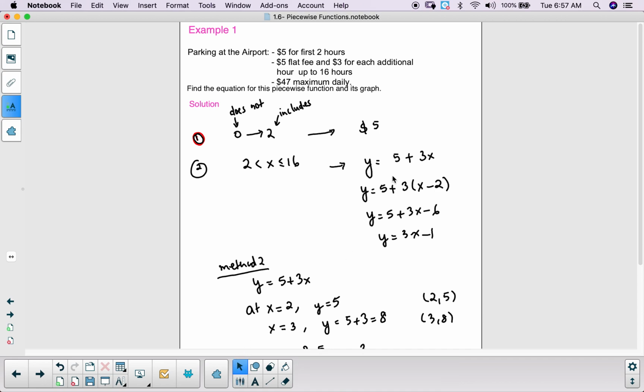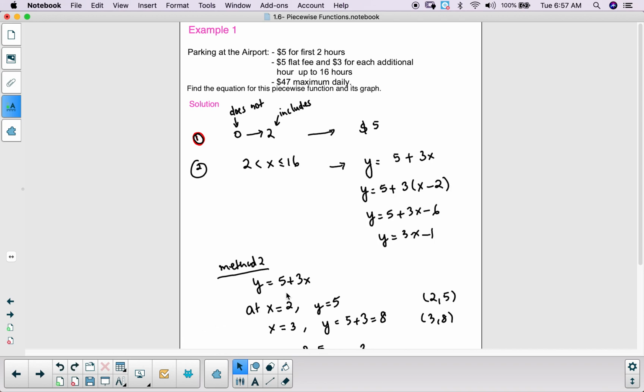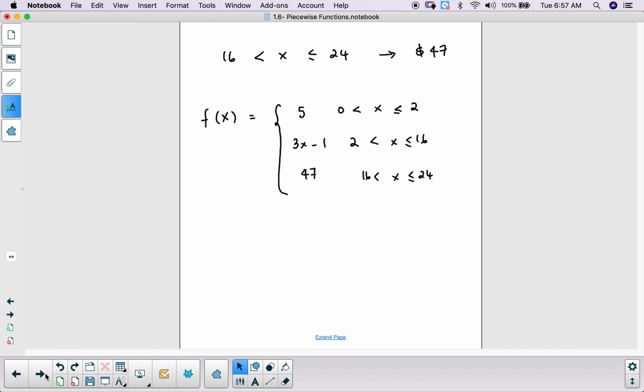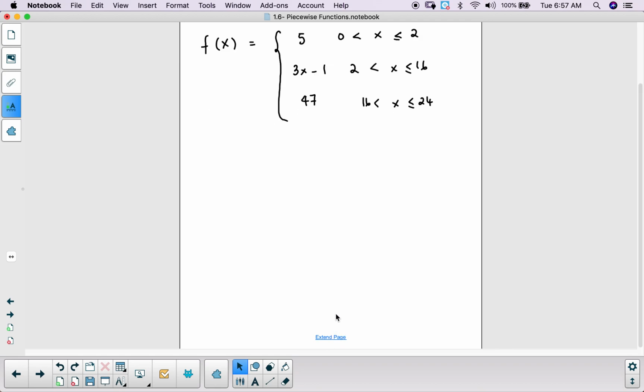So we need to graph this function, and I'm going to take out this part over here and look at the equation, the graph of the function. Okay, let's do that over here.